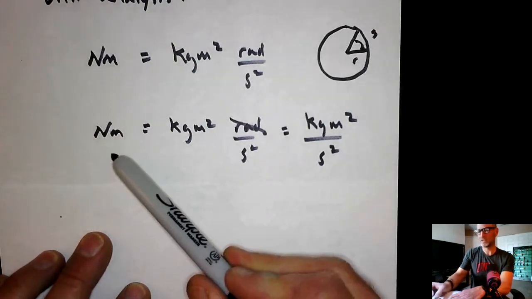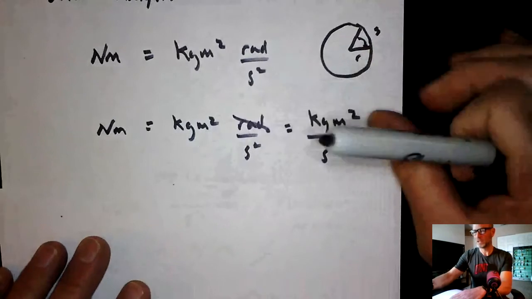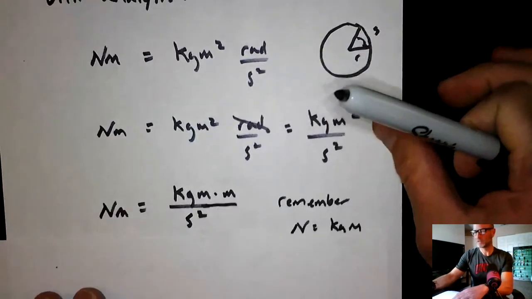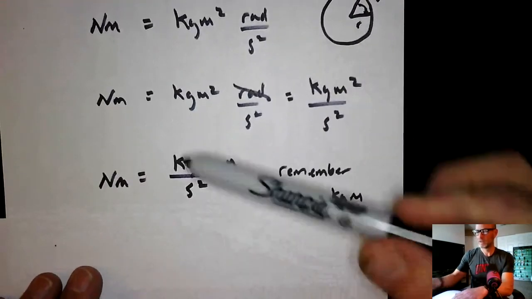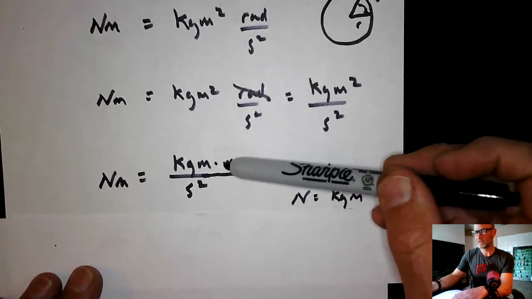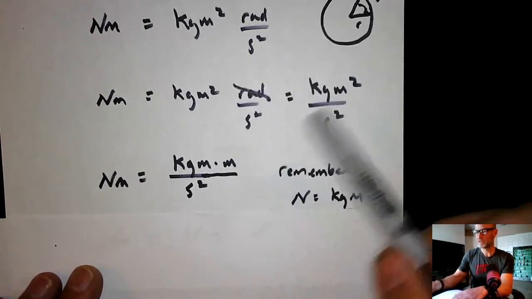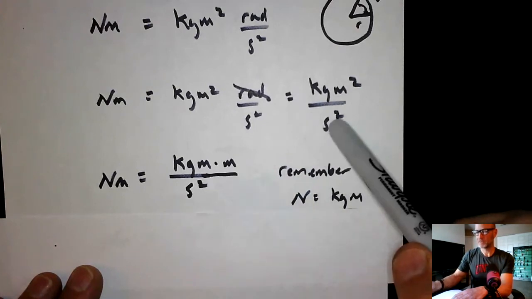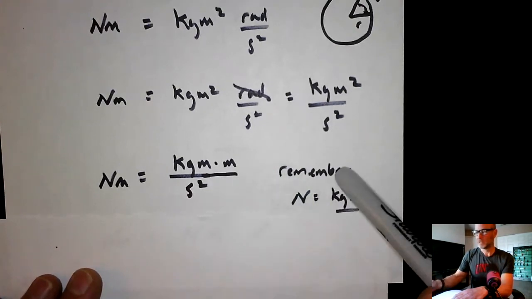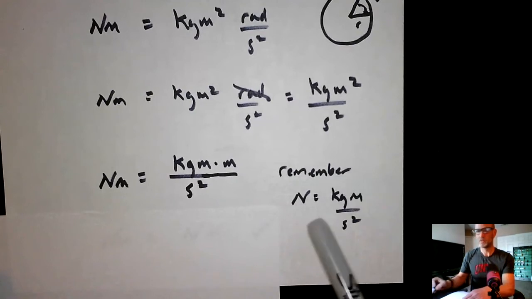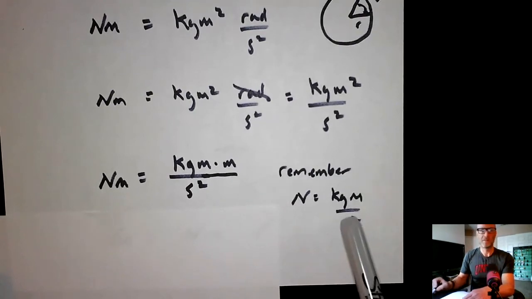It still doesn't look like newton meters, so I'm going to rewrite this part right here a little differently. I'm going to write kilogram meters times meters. So that's my meters squared divided by seconds squared, which is still the same denominator. Remember, a newton is mass times acceleration, so kilogram meters per second squared.